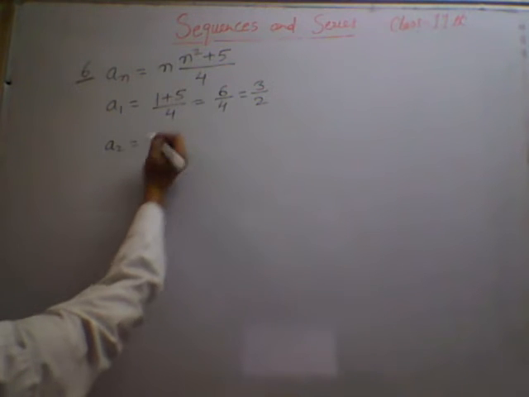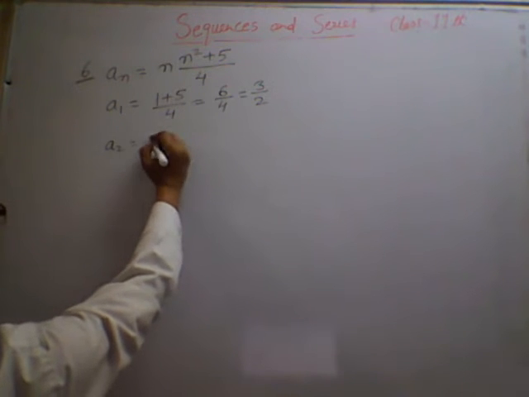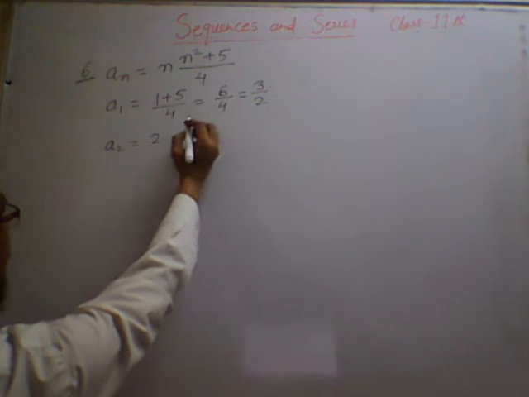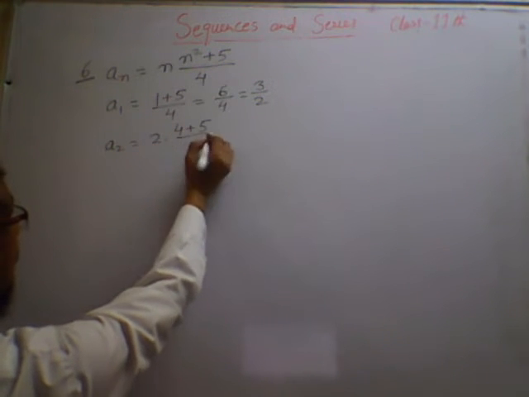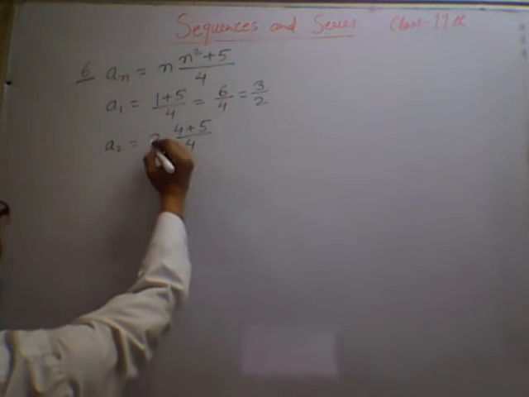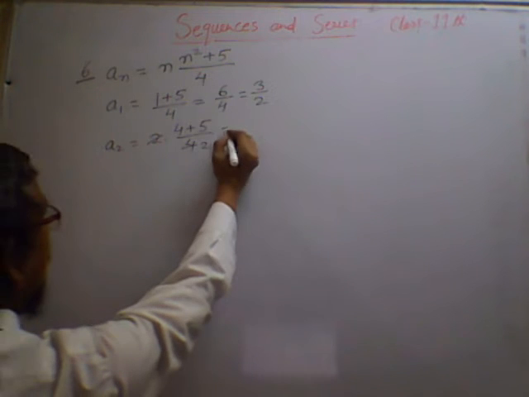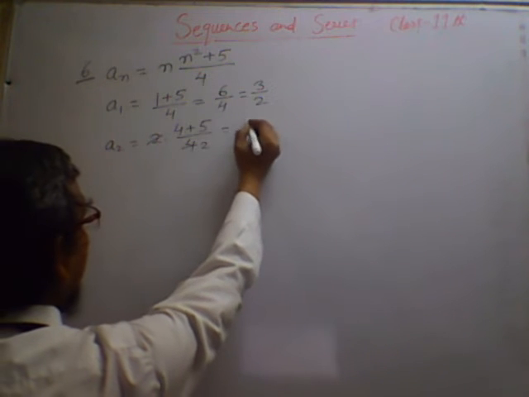A2 equals 2 multiplied by 2 square, which is 4, plus 5 over 4. 4 plus 5 is 9, so 9 over 2.